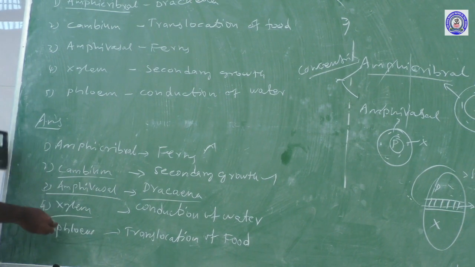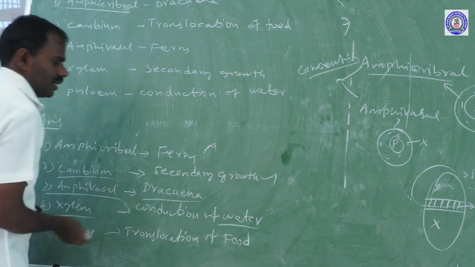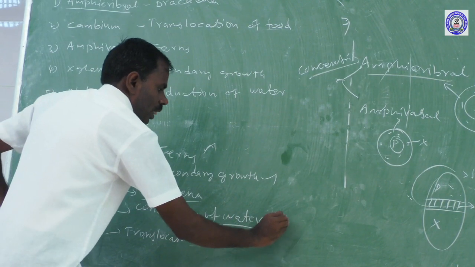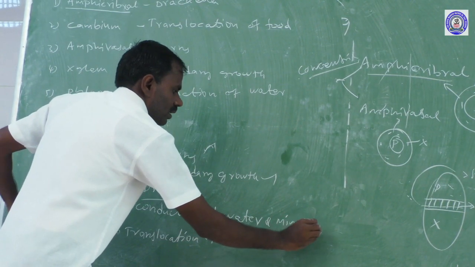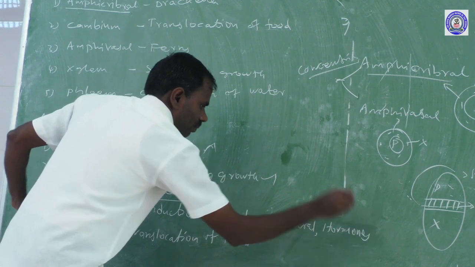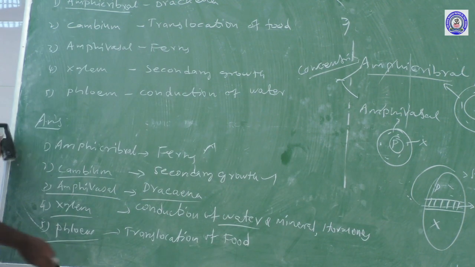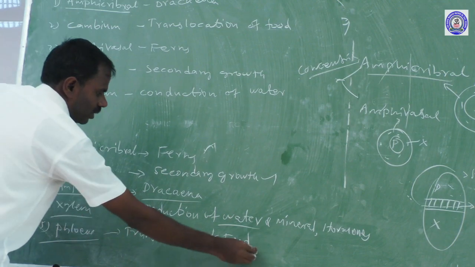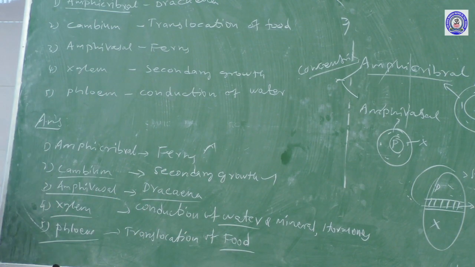The xylem conducts water, minerals and hormones. The phloem is for translocation of food material.